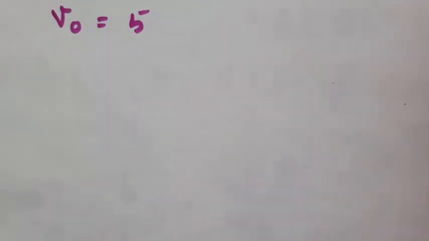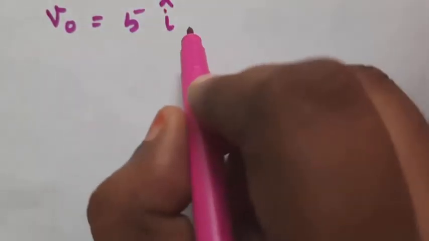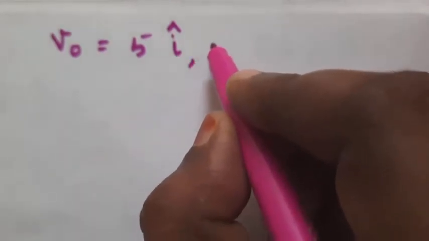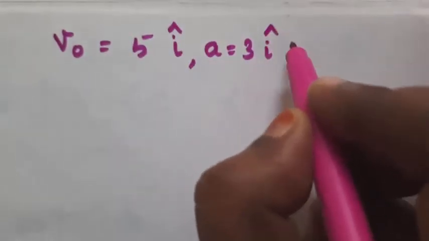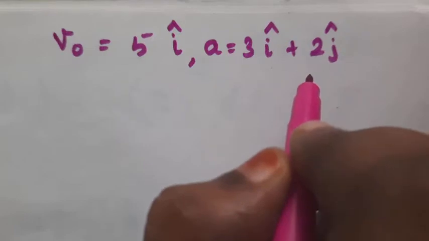At time 0 seconds, the initial velocity v naught is given as 5 i cap, and the acceleration is given as 3 i cap plus 2 j cap.